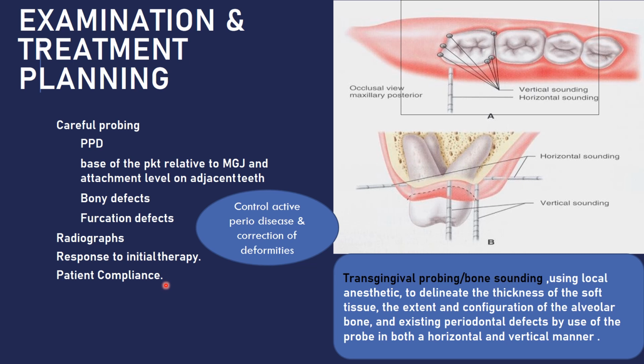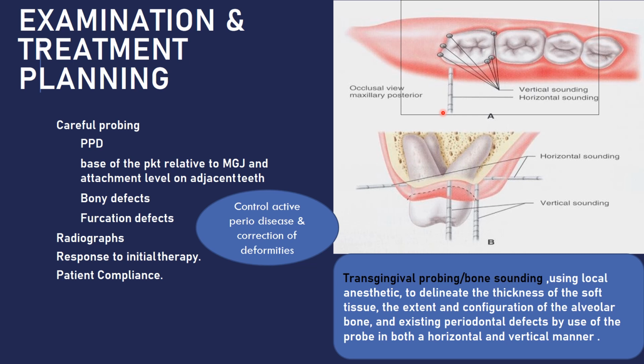For examining, it is always needed to have transgingival probing or bone sounding. The probe should be walked along the tissue-tooth surface so that the operator can feel the bony topography. This can be passed either horizontally, through the tissue, to provide three-dimensional information regarding contours, thickness and height, and also vertically to find out the configuration.